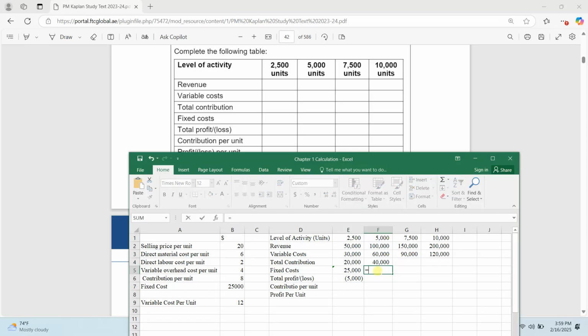Fixed cost remains fixed; it doesn't have anything to do with the number of units produced. So it is again 25,000. What is my profit or loss? 40 minus 25, that is 15,000. Similarly, this is the variable cost in this case, and the fixed cost is again 25,000.